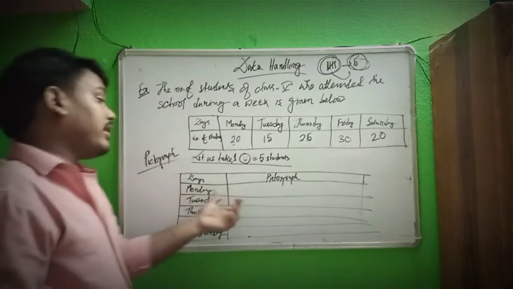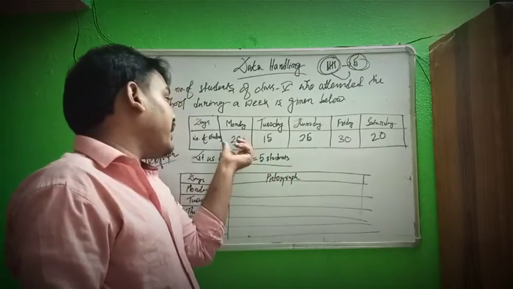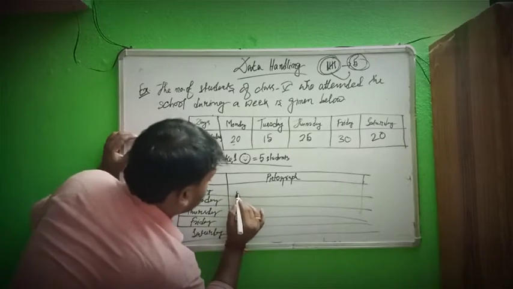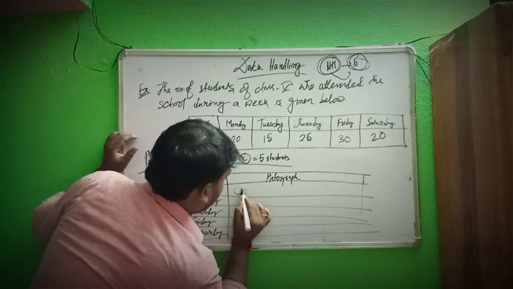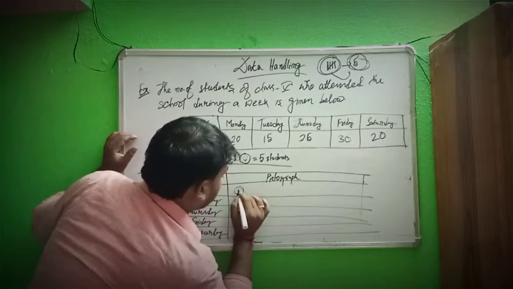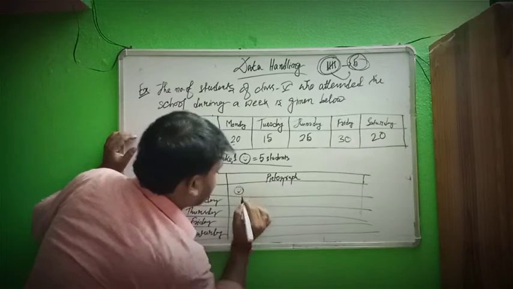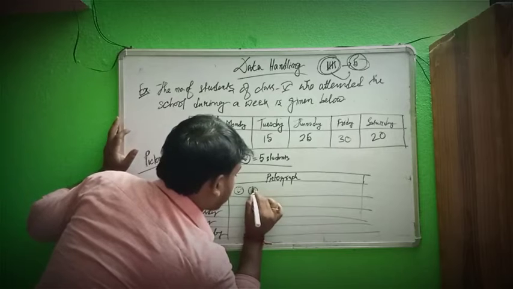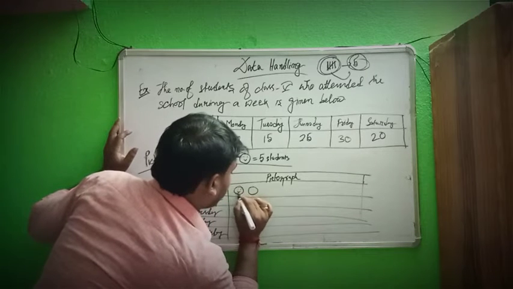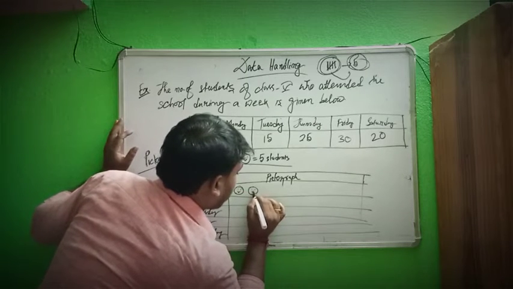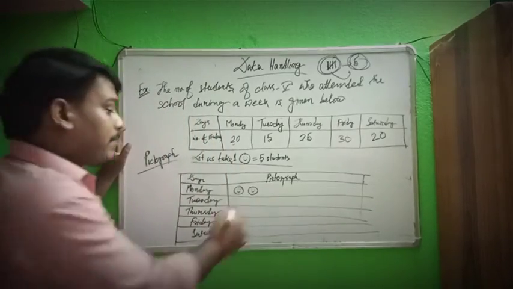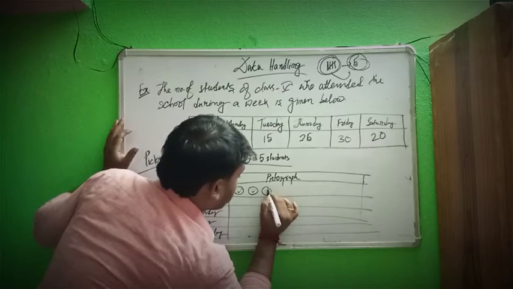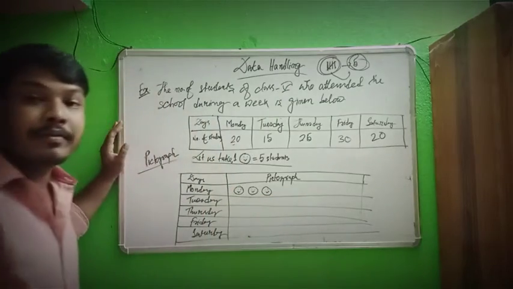Now we need to define 20 by picture. If we draw one picture, it represents 5. If we draw two pictures, then 5 plus 5 is 10. If we draw three pictures, then 15.